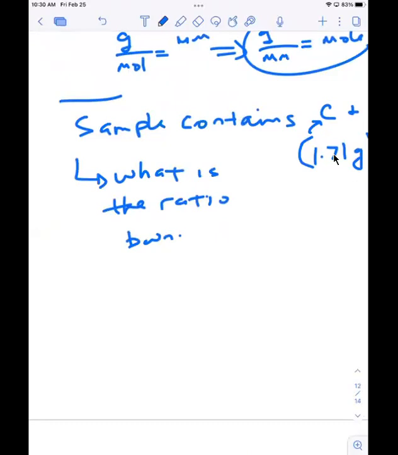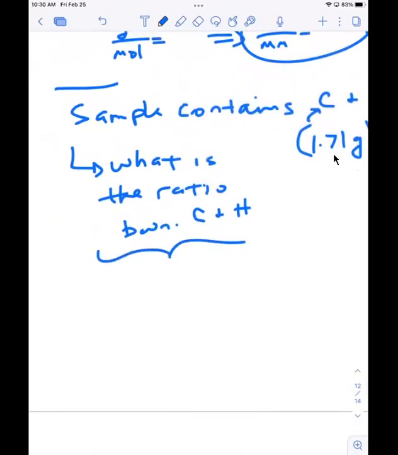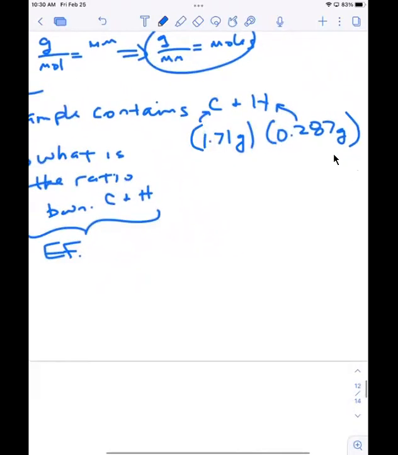That's my little abbreviation for that. What's my ratio between carbon and hydrogen, or basically what is the empirical formula? The ratio between the atoms, the little subscripts, is going to give you the empirical formula, right? So the way I calculate that is very simple.